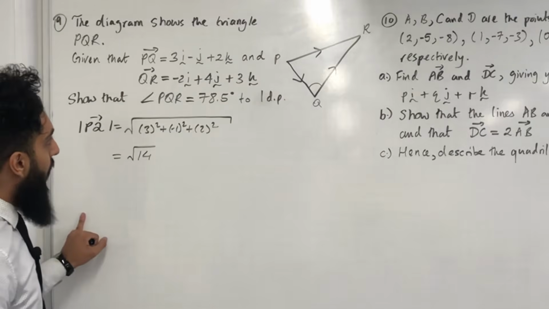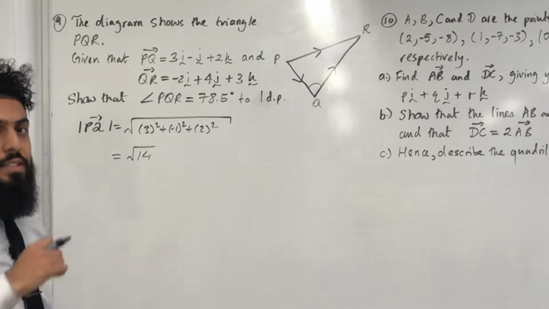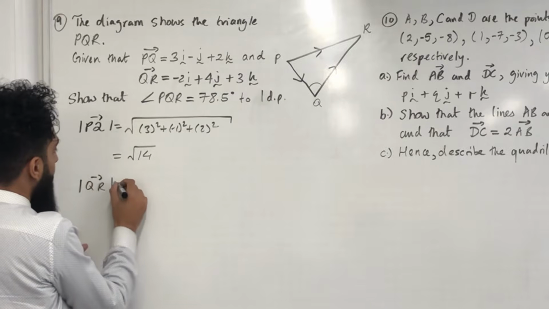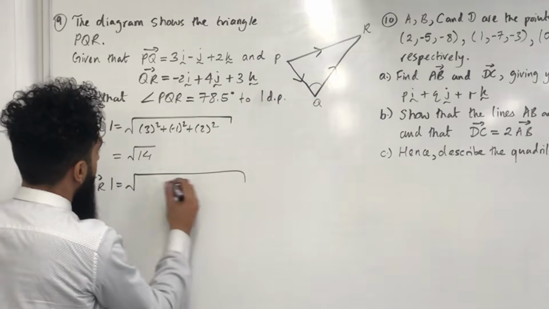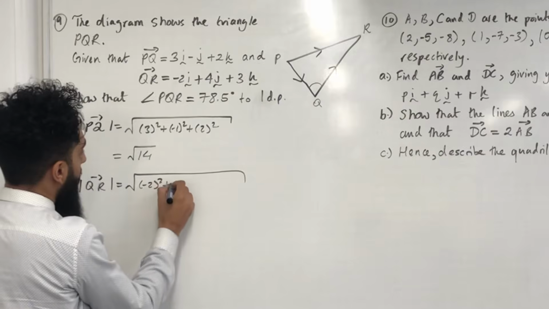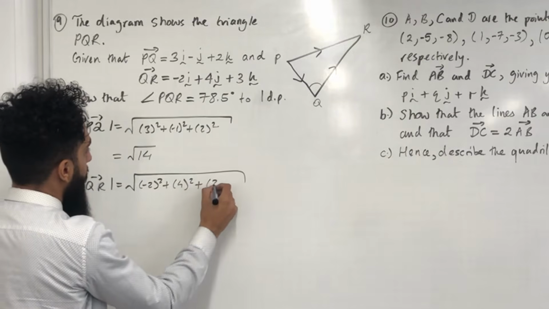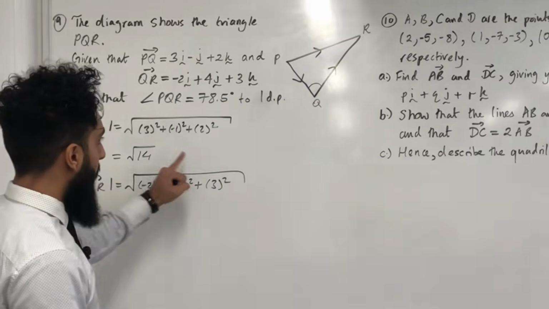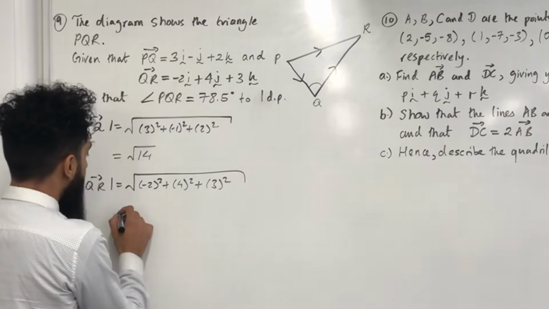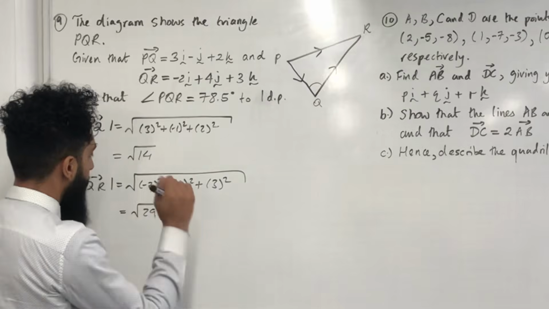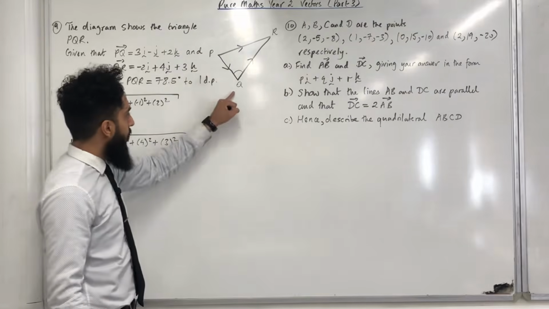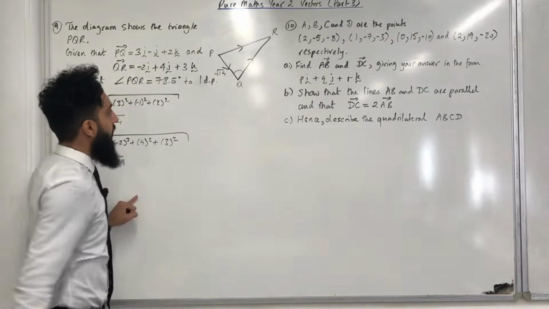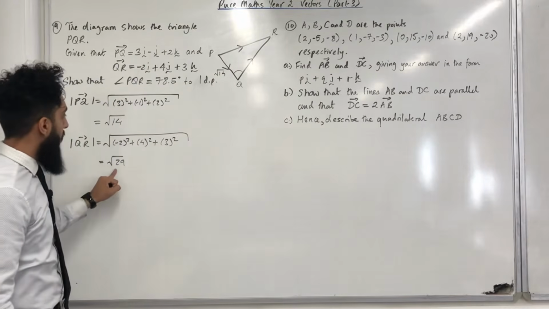Let's move on and work out the magnitude of the vector Q to R. This is given by square root of minus 2 squared plus 4 squared plus 3 squared. Now I put this into my calculator, and I end up with square root 29. So the length PQ is square root 14. The length QR is square root 29.